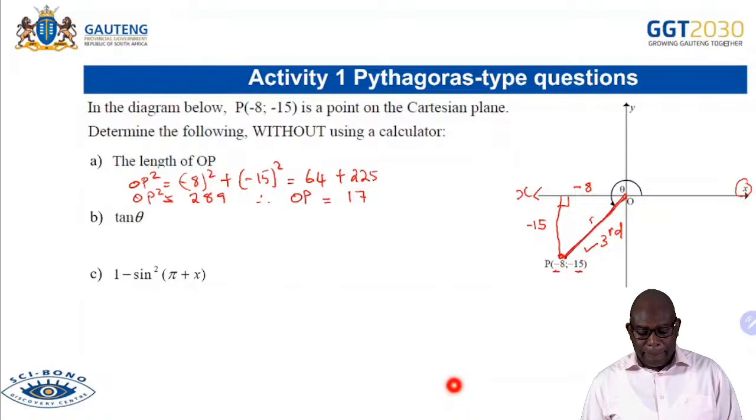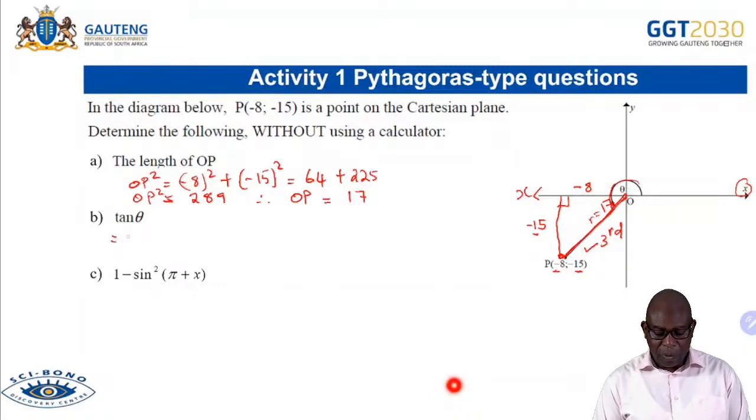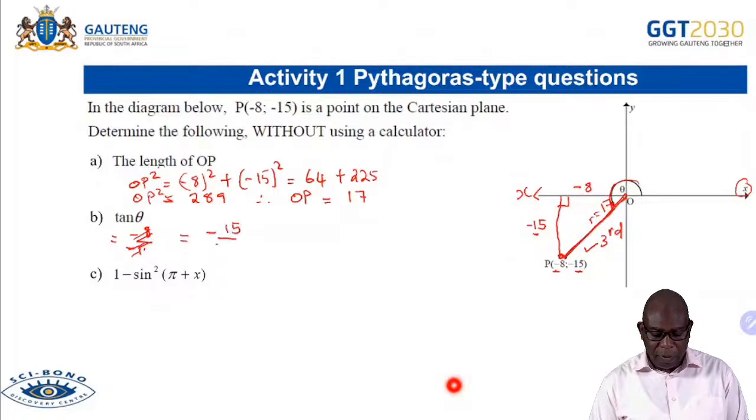So, the tangent of P, now I know what the length is, 17. I know tangent is opposite over adjacent. So my tangent now will be -15 over -8.